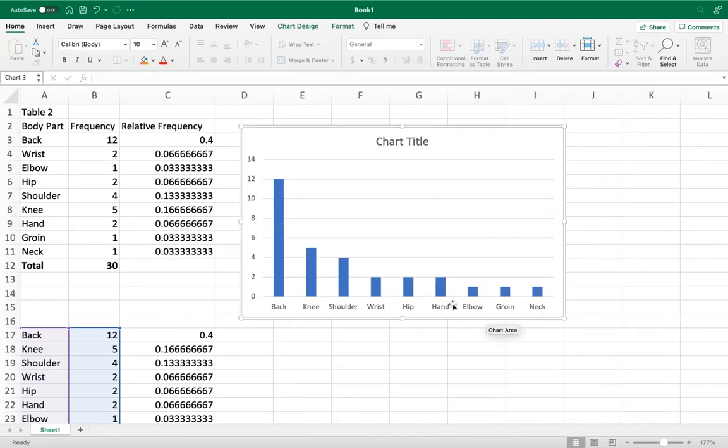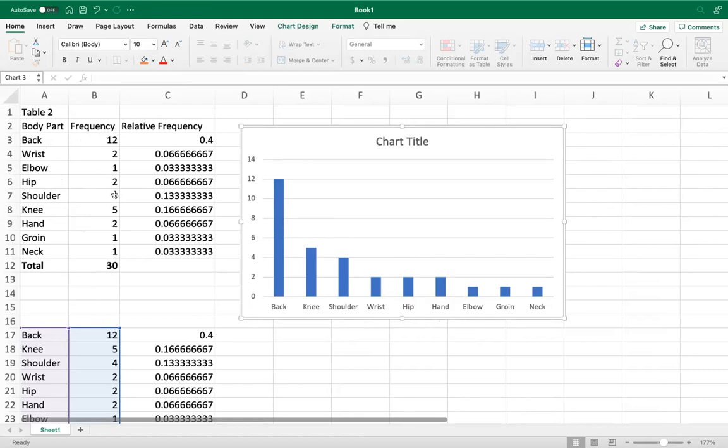They didn't put it in alphabetical order for us. What they did is they just saw whichever one was listed first. So obviously back is going to go first, then knee, and then shoulder with 4, then wrist, hip, hand. They kind of just grabbed it from the order that it was here.